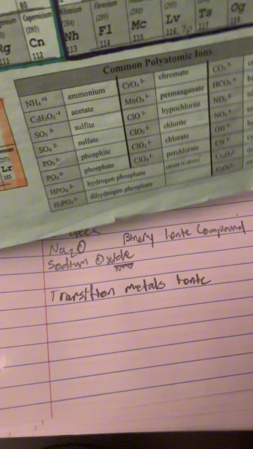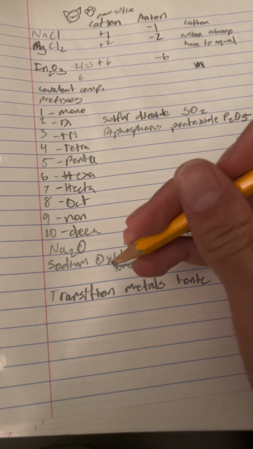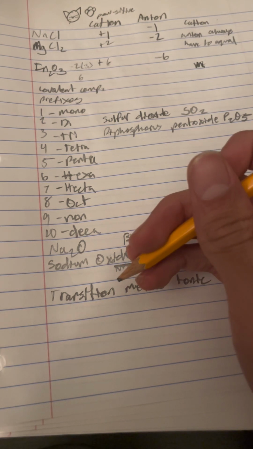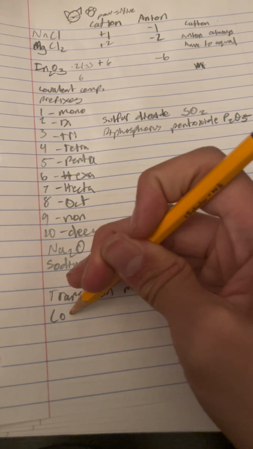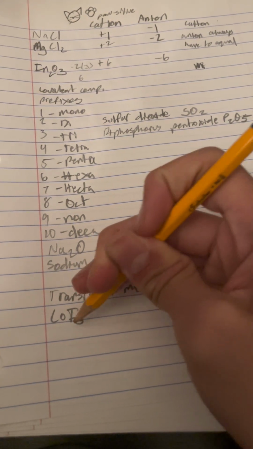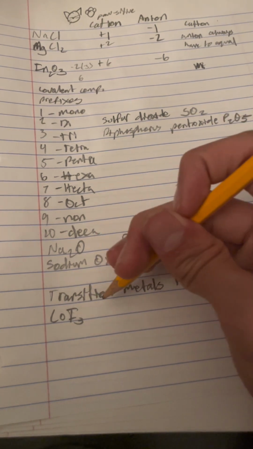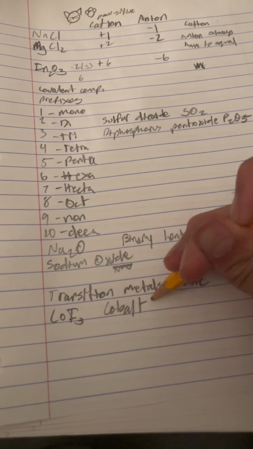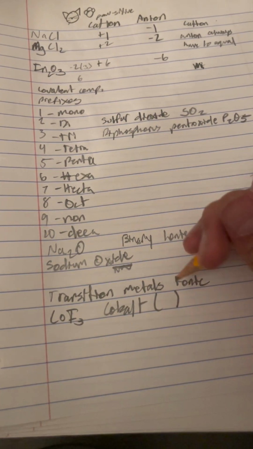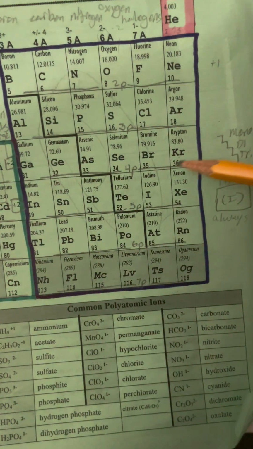So for transition metals, like the middle ones, let's start with cobalt iodine 3. So how you would do transition metals, you would do cobalt, then parentheses, and then iodine, and then we would look at iodine.